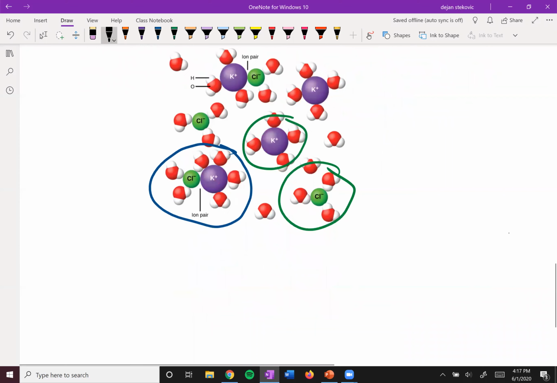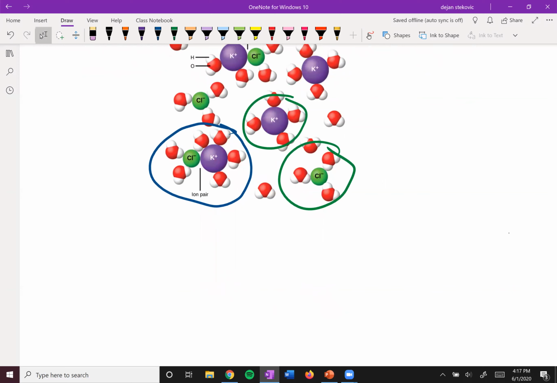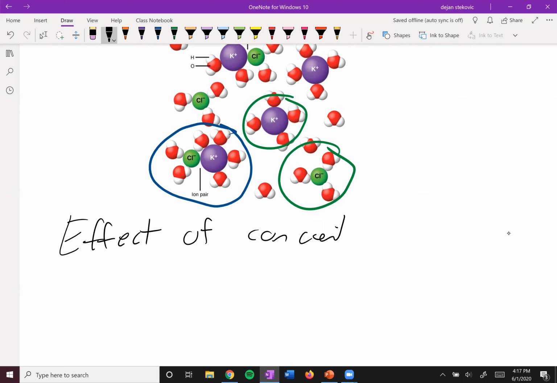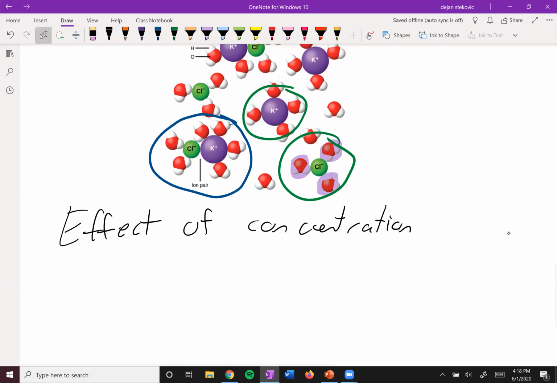And so why does this occur? Well, a lot of it is due to the concentration. Right? In order for the solvent to dissolve this stuff, you see it's got to be surrounded by multiple different solvent particles. And so as you increase your concentration, you start running out of solvent particles to solvate your solute.